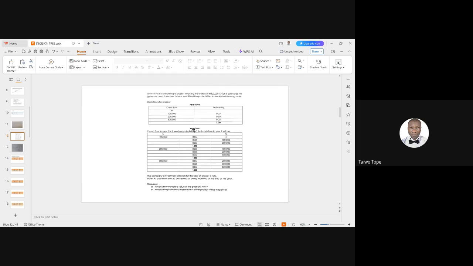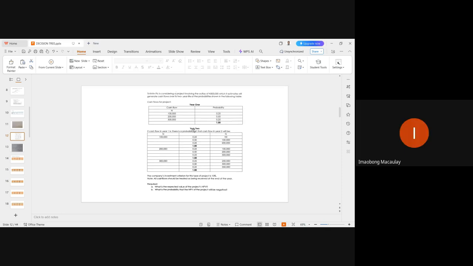So the point is this: if you invest 300,000 in year 1, what are the possible cash inflows that you are likely to get? I want to hear from you. 100,000, 200,000 and 300,000.